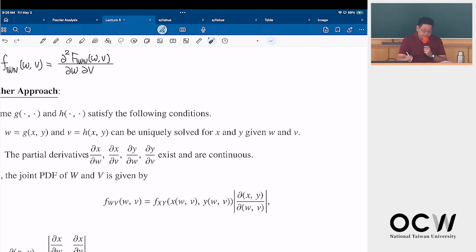But it's kind of a direct approach. So the joint PDF of w and v is equal to the joint PDF of x and y times the Jacobian, and here this is the absolute value.